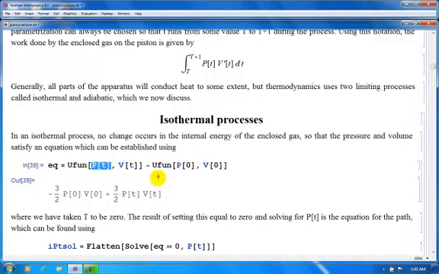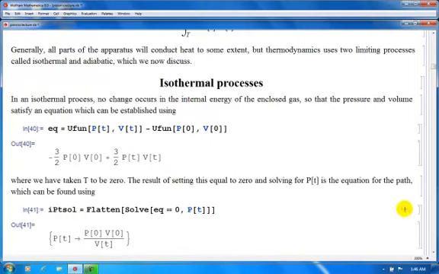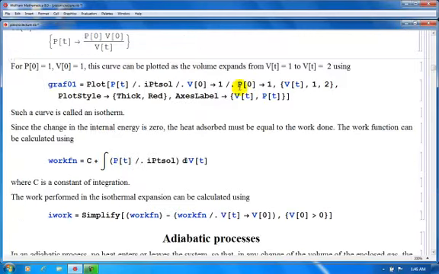remains constant, and so the pressure and temperature at some point on this curve must satisfy this equation, where V0 and P0 are the initial values. So we've taken capital T to be 0. The result of setting this equal to 0 and solving for P of t, we can get that. And we can plot that curve if we take the volume to extend from V(t) equals 1 to V(t) equals 2 using this.